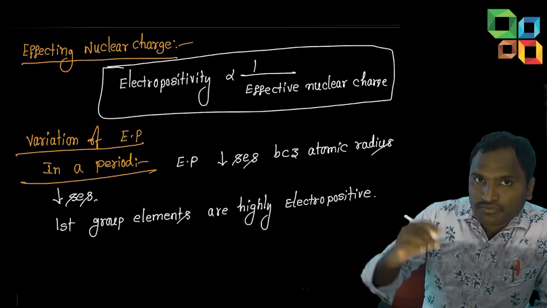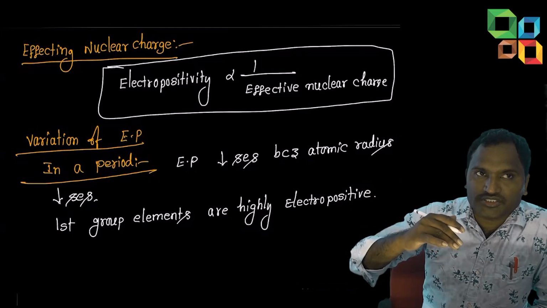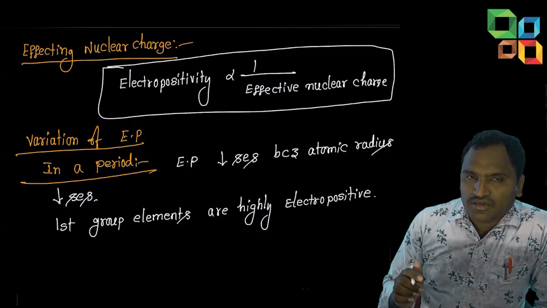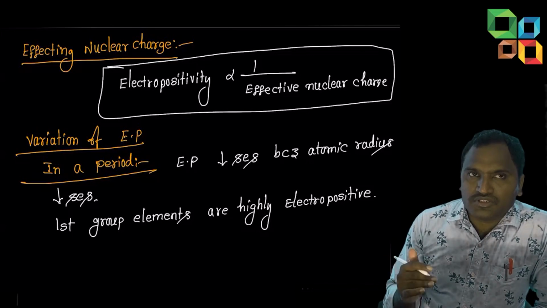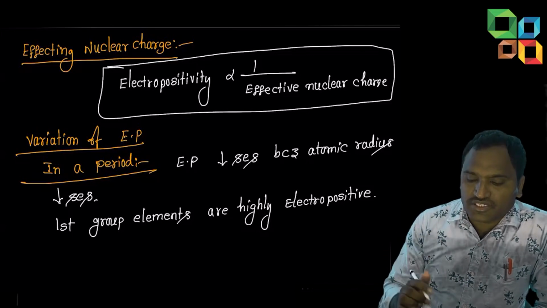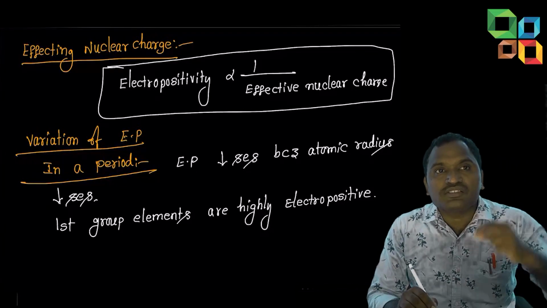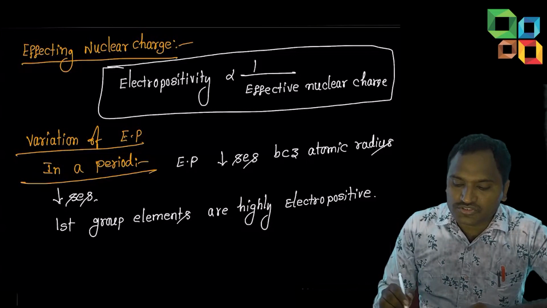In that, from top to bottom again, electropositivity increases. Francium you don't consider because it is a radioactive element. Leaving francium, the next one before francium is cesium. So among all the elements in the periodic table, cesium is the highest electropositive element.